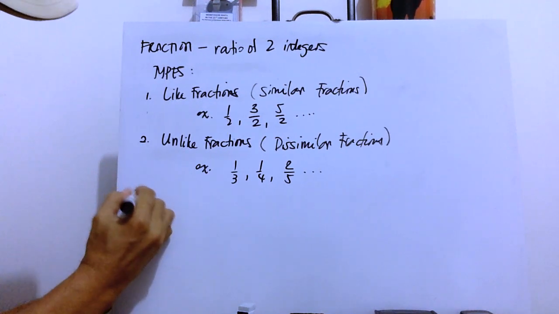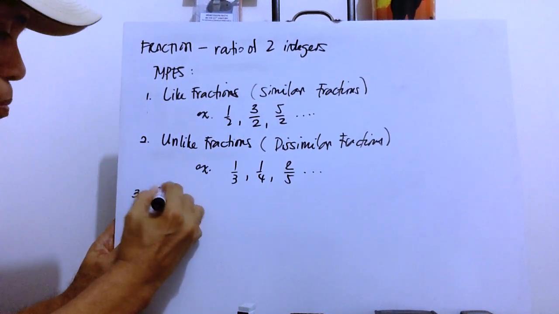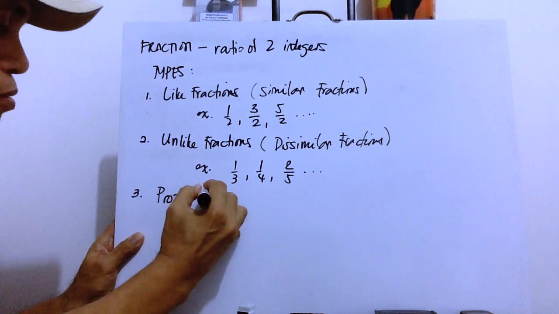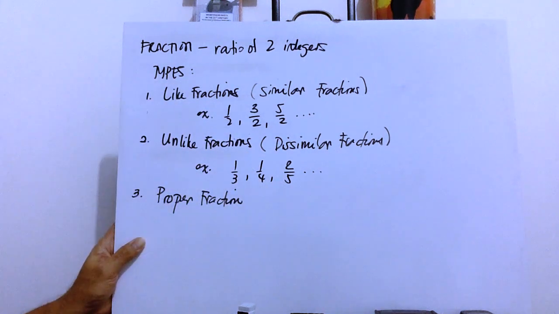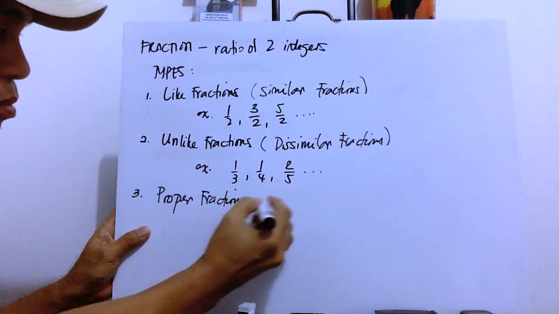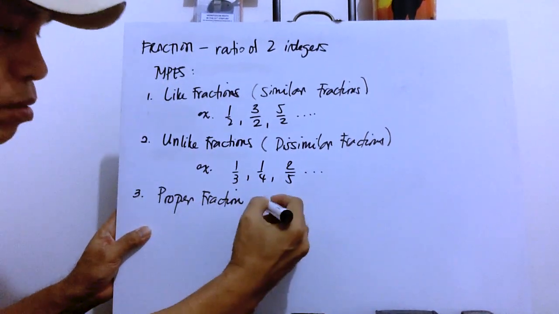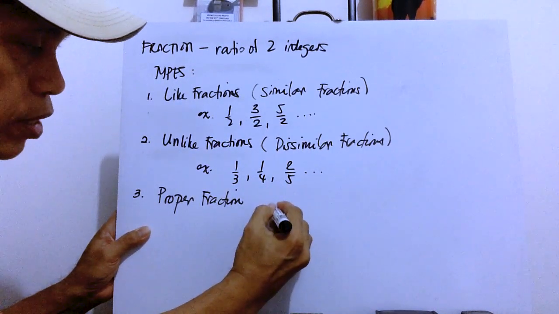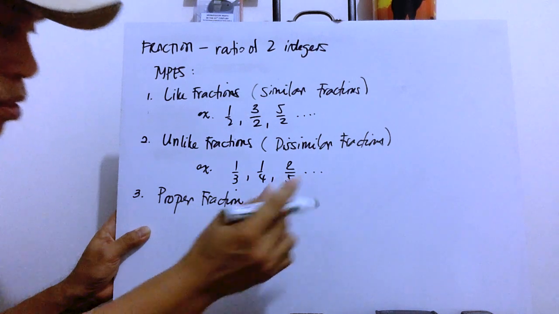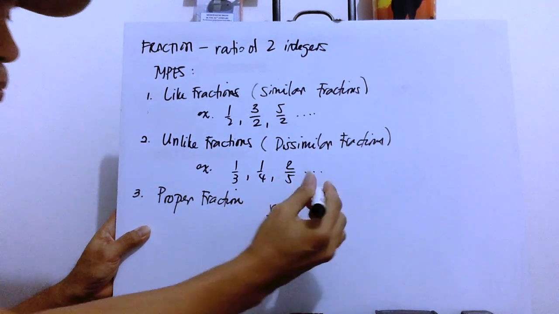Another type is what we call as the proper fraction. So what's a proper fraction? Okay. We know the parts of the fractions are the numerator and the denominator. Okay?